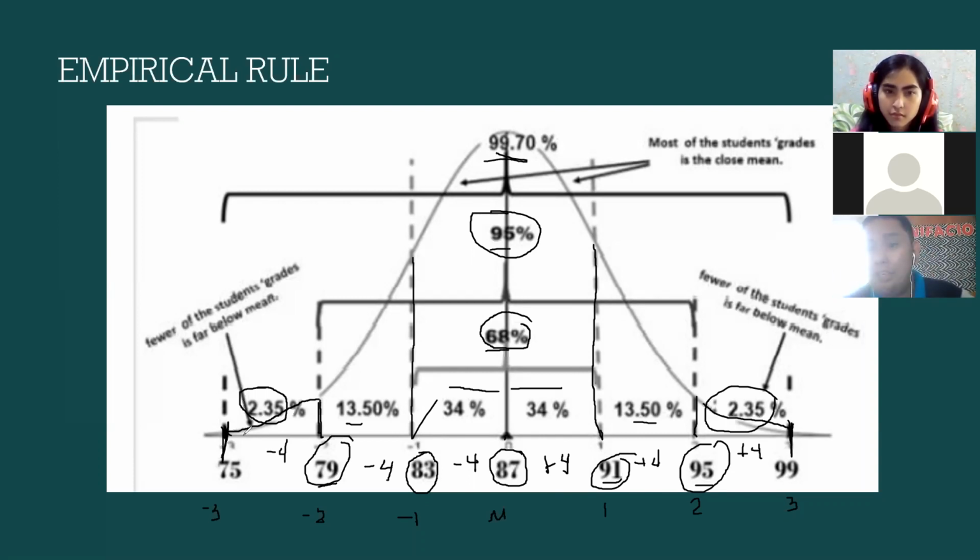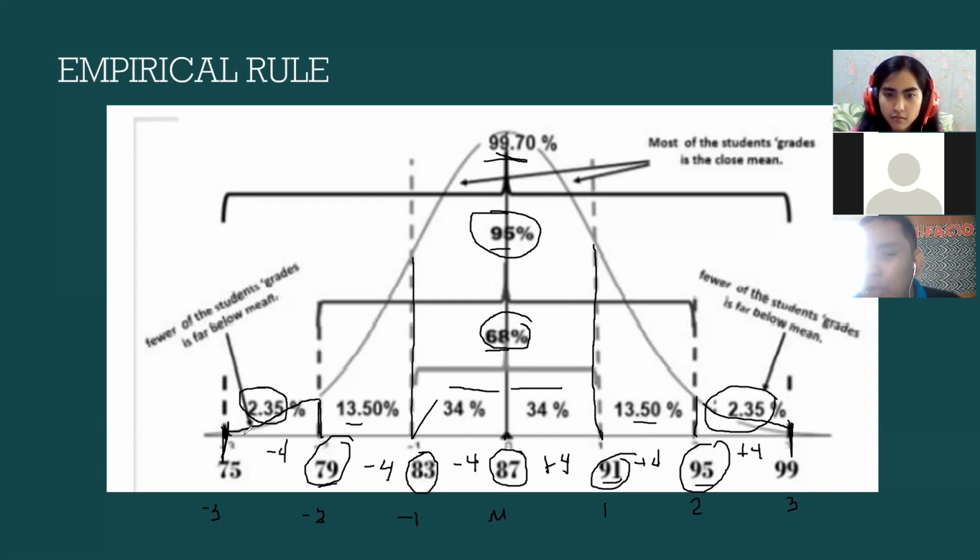Ang laki na ng range nun. Okay? Ang sure shot mo, or most probably, 99.70% ng klase mo ay may grade na napapasok sa 75 to 99. Okay? So, halos na-cover mo na lahat ng buong klase.